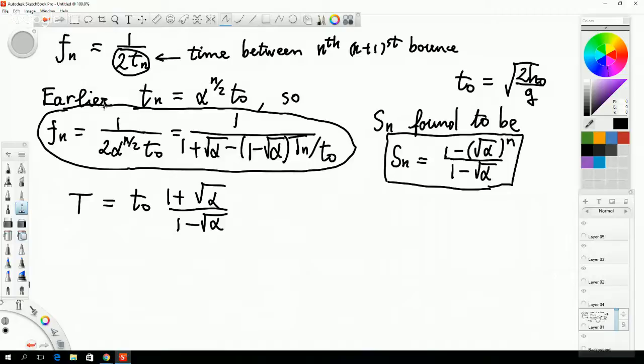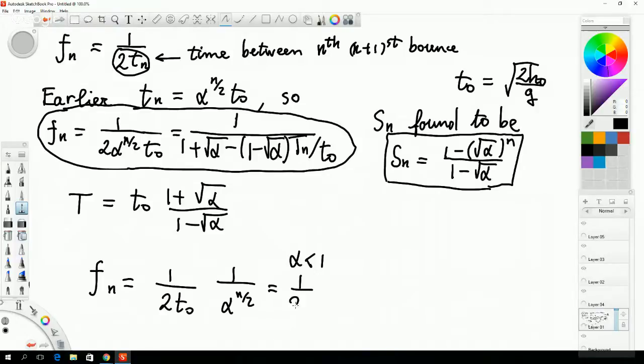It was sufficient to look at the first equality, because if Fn equals 1 over 2t naught times 1 over alpha to the n over 2, and because alpha is less than 1, 1 over alpha is greater than 1, and also square root of 1 over alpha is greater than 1.